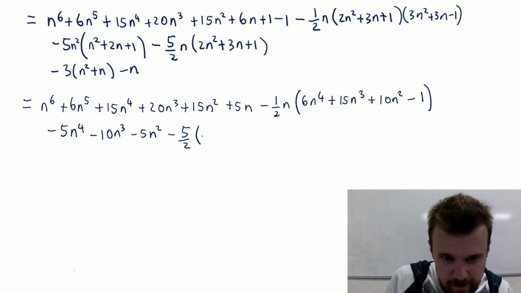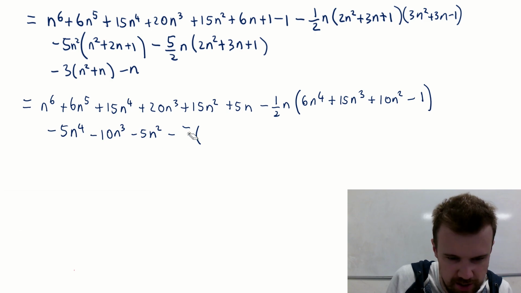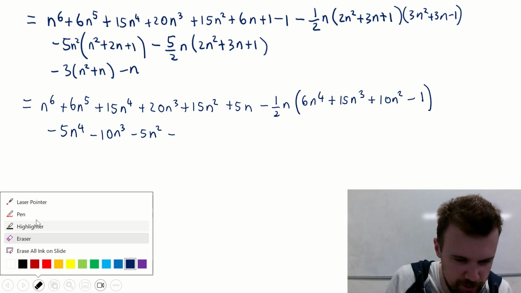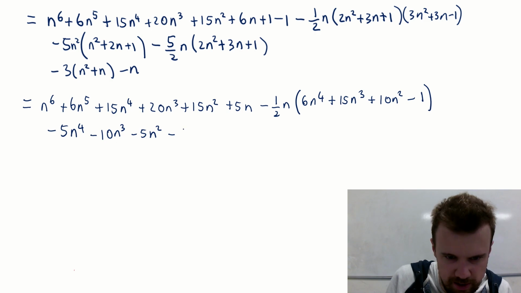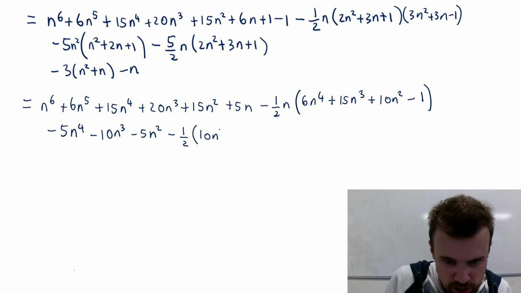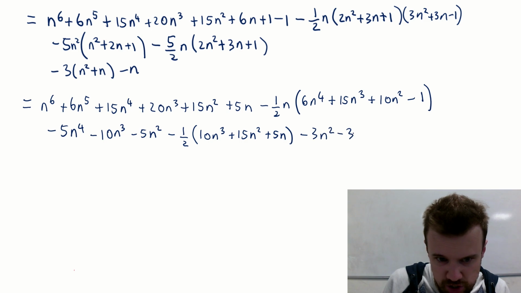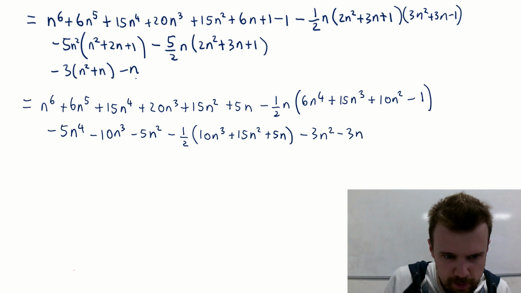I'll keep the half out the front, but I'll times by the 5n out the front. So minus 1/2 timesing by 5n will get us a 10n cubed, a 15n squared, and a 5n. And then we end up with minus 3n squared minus 3n, and we already dealt with that minus n that was on the end.